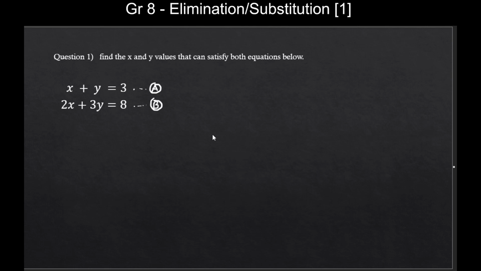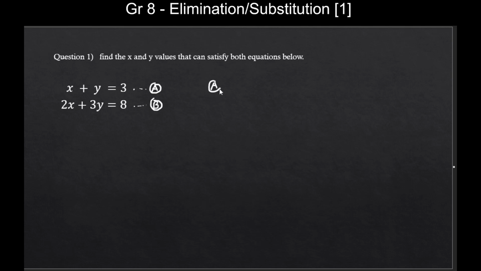Now what I'm gonna do is I'm going to try to make this x from equation A have the same number in front as this x from equation B. And to do that, what should I do to this x? I should double it, right? Multiply by 2. But then I can't just multiply this one by 2, but rather I have to multiply the entire equation by 2.